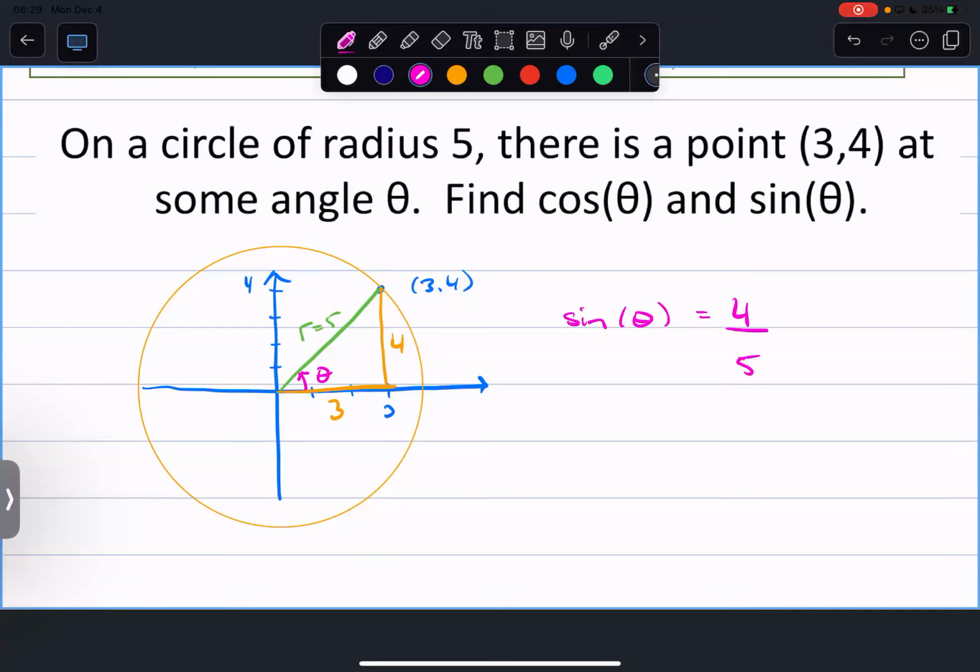How do I get that theta? We haven't introduced it, I'm realizing now, but you can take the inverse. So sine inverse is a button on your calculator.